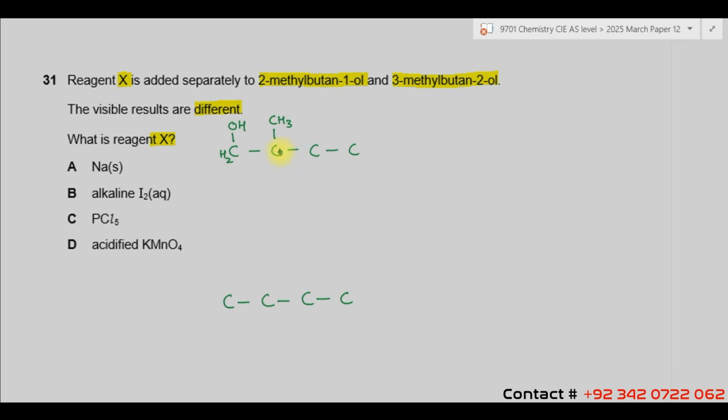Rest are the hydrogens. 3-methyl, on third carbon we have methyl group. 2-ol, on second carbon we have alcohol. Rest are hydrogens.